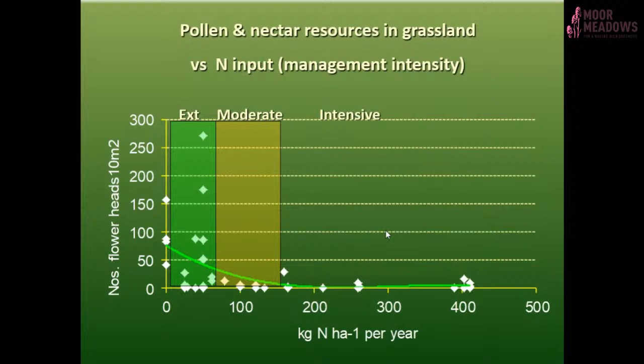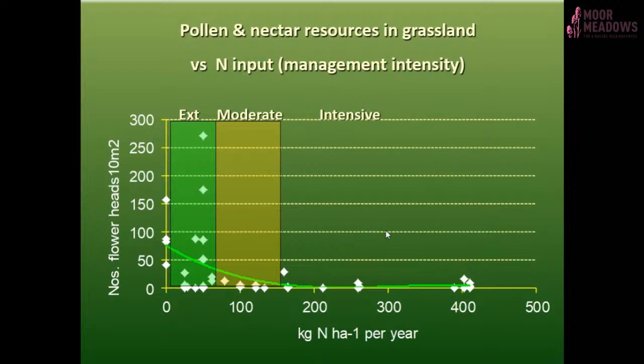This was data taken from a big survey that myself and colleagues did. The EXT at the top stands for extensively managed grasslands, the middle is moderately managed, or moderately intensively managed, and then of course intensive, which is largely the intensive dairy systems.